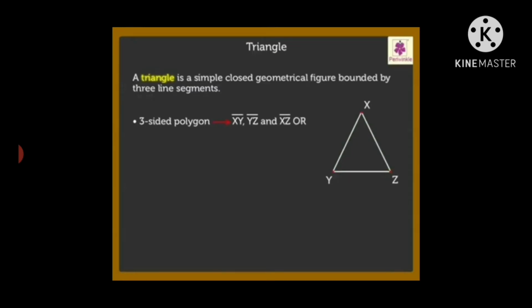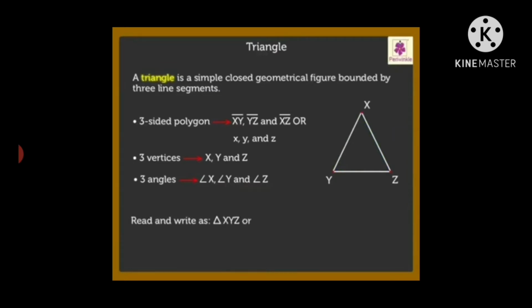They can also be represented using small letters X, Y, and Z. It has three vertices X, Y, and Z. It has three angles: angle X, angle Y, and angle Z. We read and write it as triangle XYZ or triangle YZX or triangle ZXY.